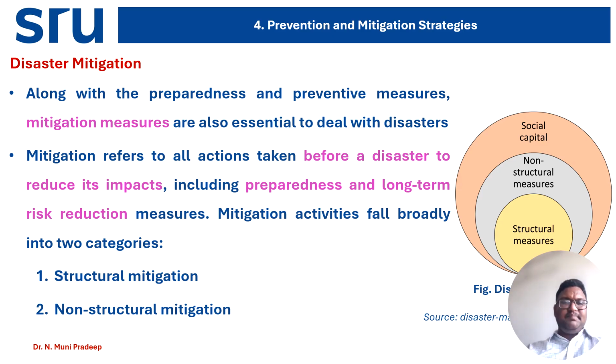So the final part of lecture 4, that is disaster mitigation. See, along with the preparedness and prevention measures, the mitigation measures are also essential to deal with the disasters. See here, the opening statement of this slide is very, very important.